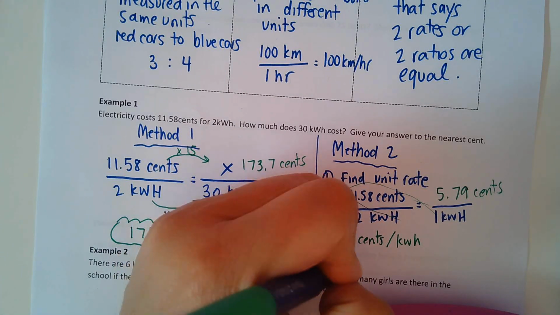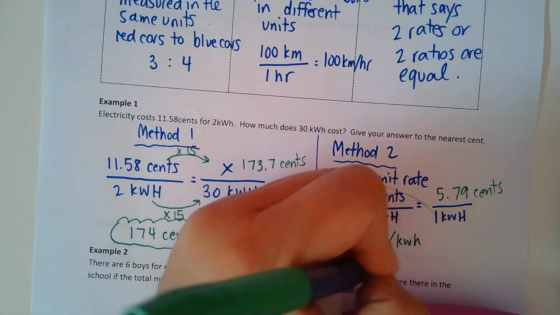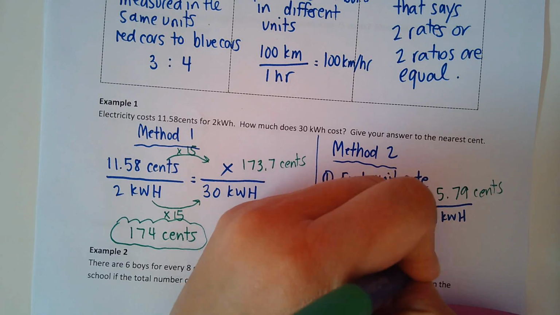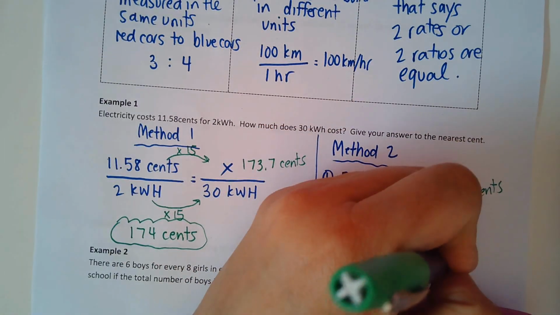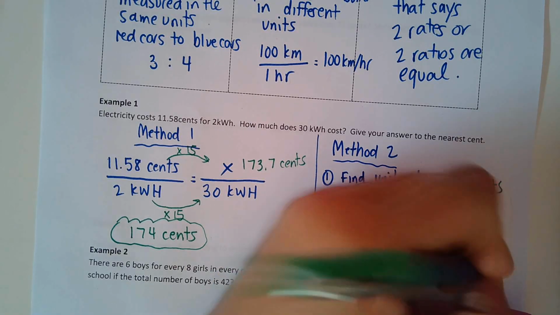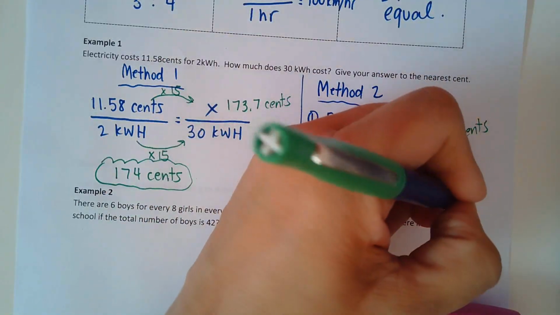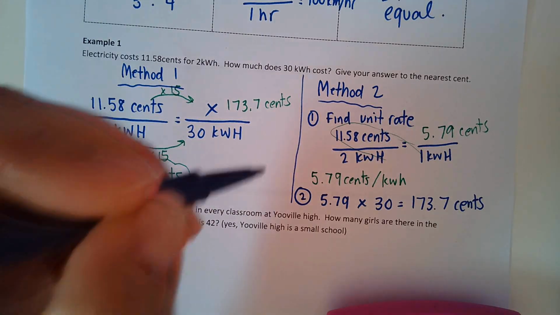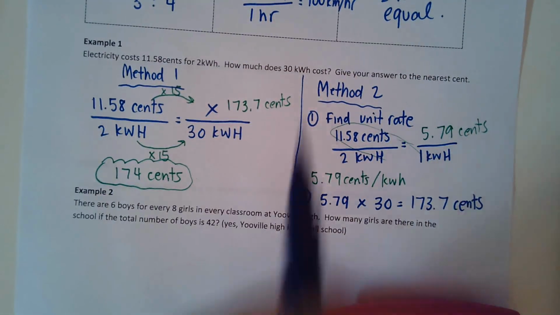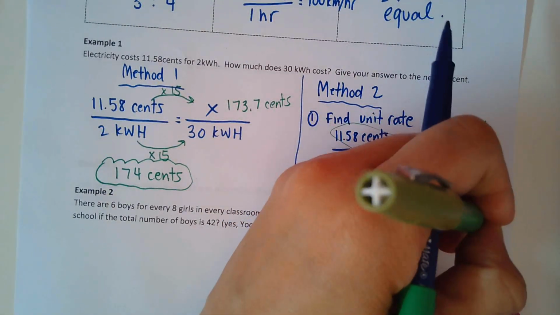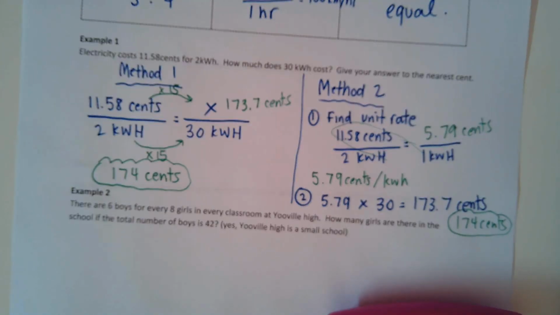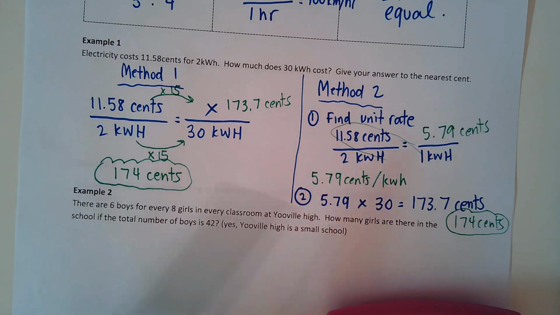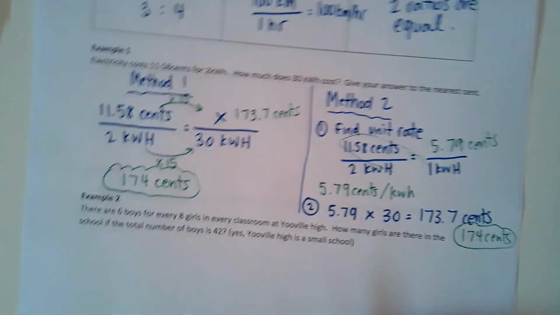So 5.79 times 30 gives me 173.7 cents, which once again rounds up to 174 cents. Okay, so 2 different methods. It's important that you understand both methods, but you can use either example.